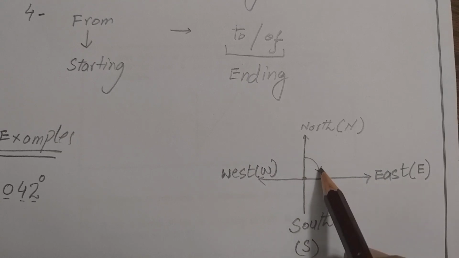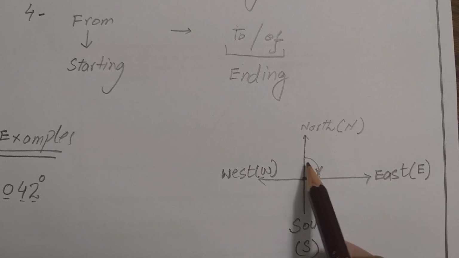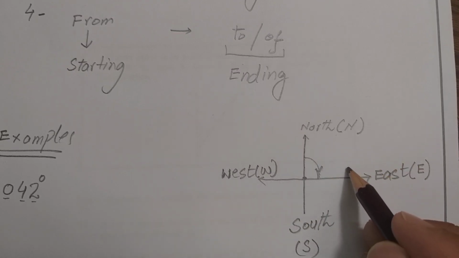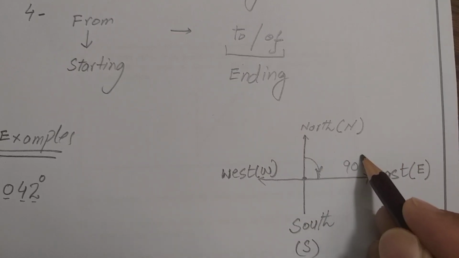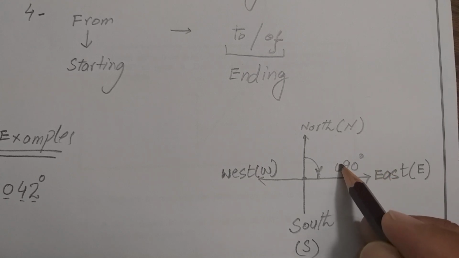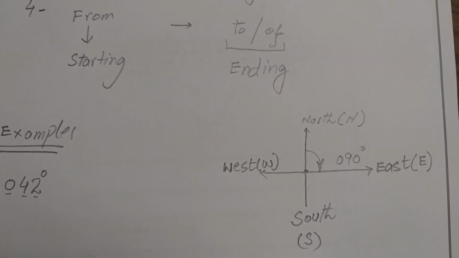If we stop at this line, this direction is 90 degrees. Because it's a bearing, we put three figures.